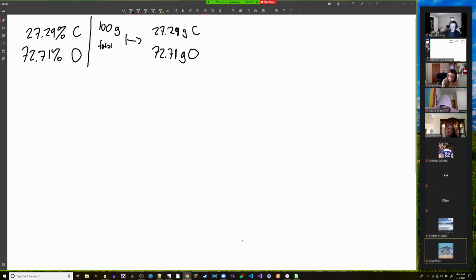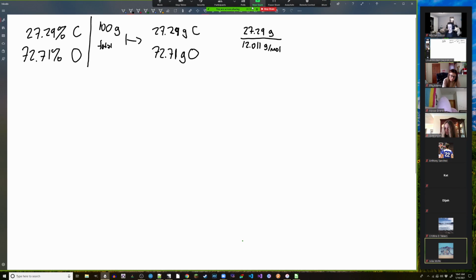Okay. So for carbon, that would be taking the 27.29 grams of carbon we have and dividing by the molar mass of carbon, which we've done many times before: 12.011 grams per mole. If you don't remember where to get this number, it is just looking at the periodic table.